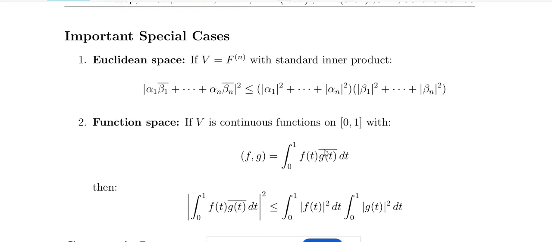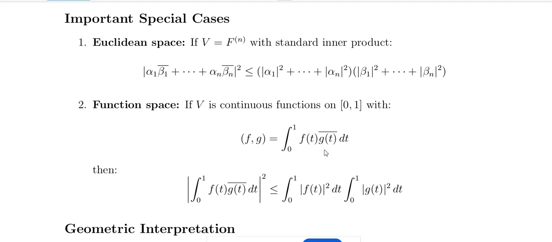In Euclidean space, V equal to F power n with the standard inner product, mod of alpha 1 beta 1 bar plus and so on alpha n beta n bar whole square is less than or equal to mod of alpha 1 square plus and so on mod of alpha n square into mod of beta 1 square plus and so on mod of beta n square.